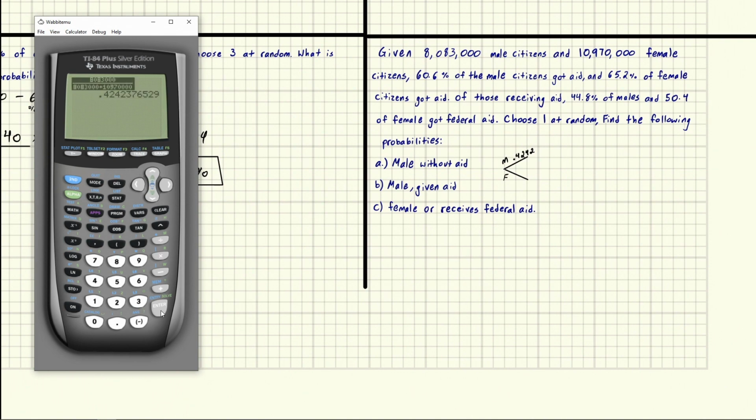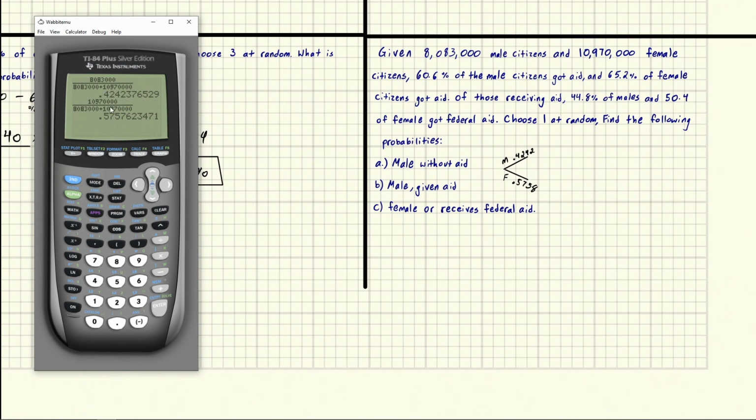All right, so we're going to do the same thing for female. We're just going to write over this number. It's the exact same thing, only this time it's the female number, 10,970,000. Perfect. We enter. And this is 0.5758 when you round to 4 places.